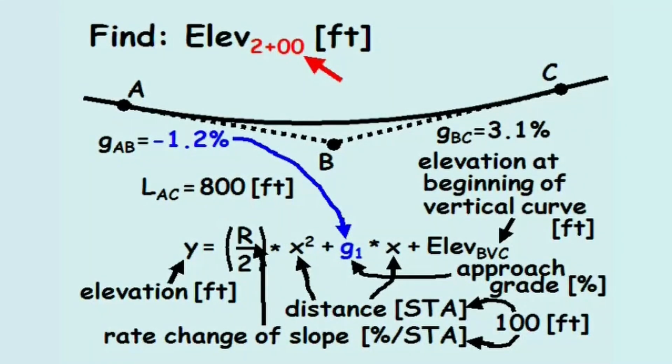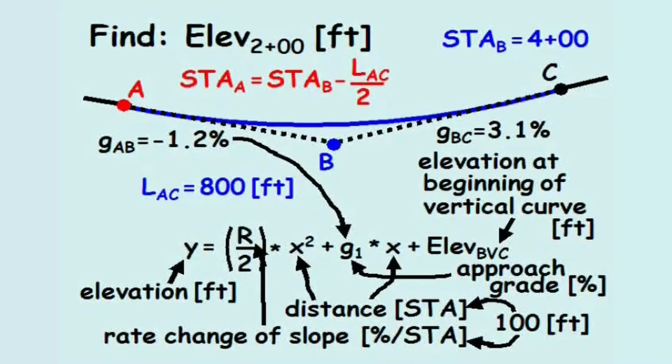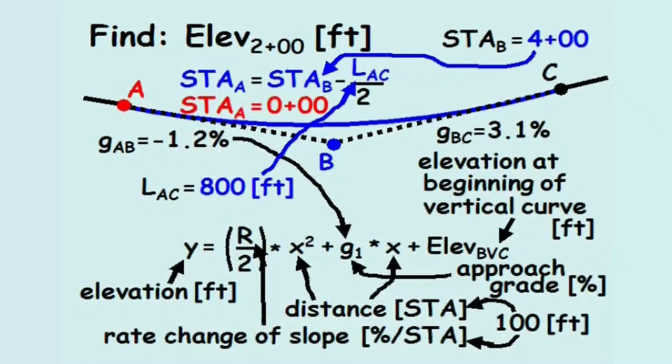The problem states that point B is located at station 4 plus 0, 0, and that the length of the curve AC is 800 feet, or 8 stations, in length. Now we can compute the stationing at point A to be 400 feet minus the quantity 800 feet divided by 2, which equals station 0.